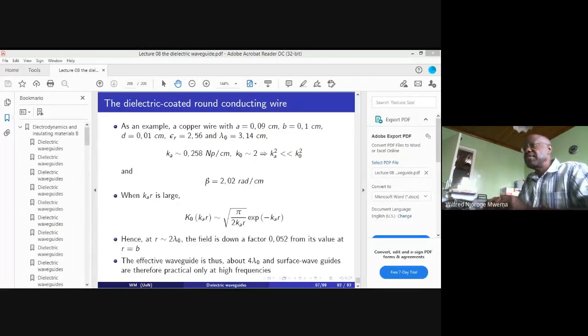What I've noticed is that there are some people who, when they are sitting an exam, treat epsilon r and mu, or epsilon and mu, as if they are the same, and they use them interchangeably, and I wonder why this is the case. This is just because of panic.